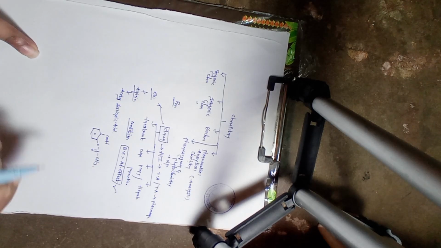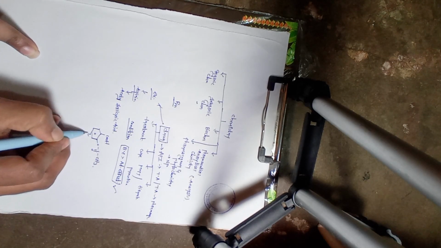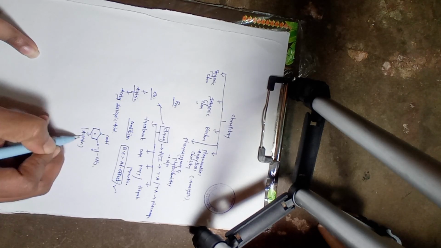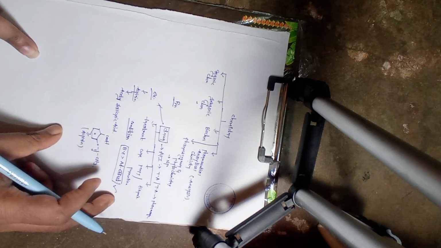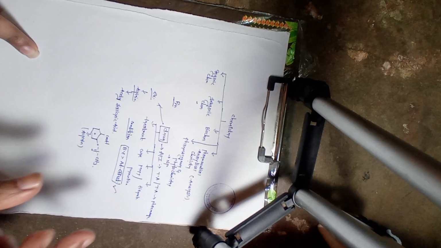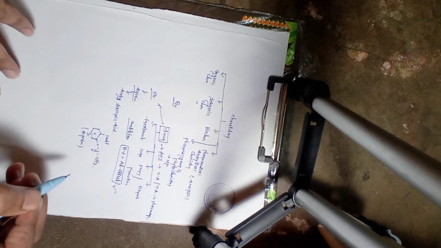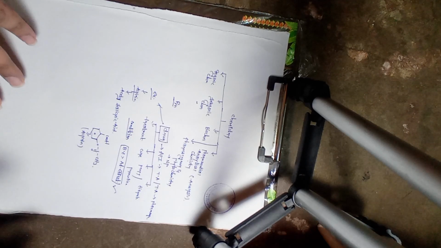This aspirin is an active pharmaceutical ingredient or pharmacophore, which is mainly used in the category of drugs like NSAIDs, non-steroidal anti-inflammatory drugs. It is a COX inhibitor. So this is the category of drugs.